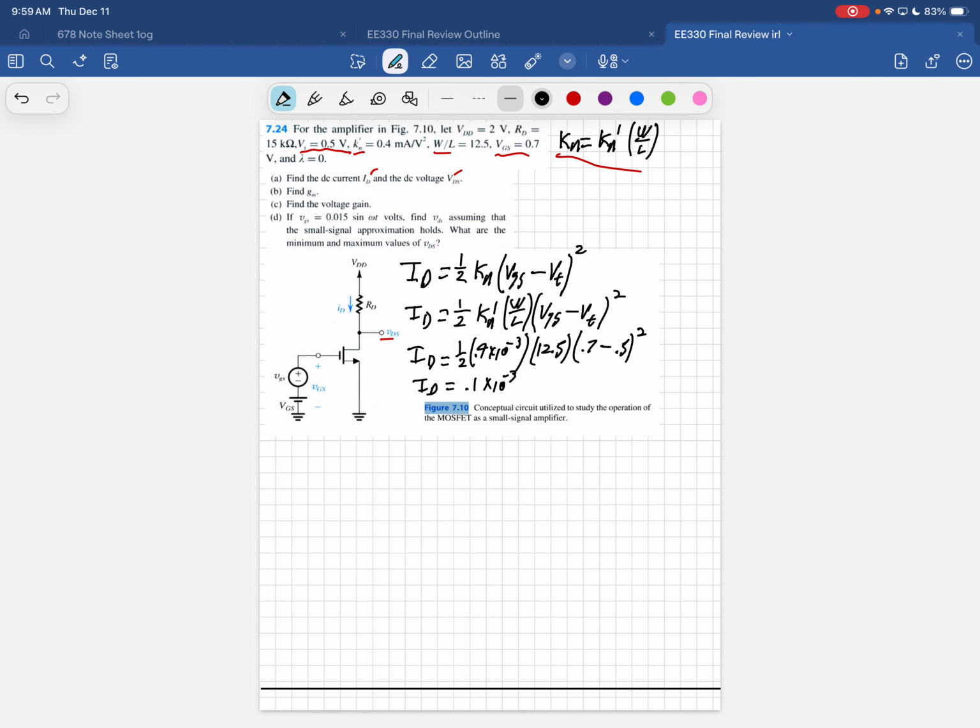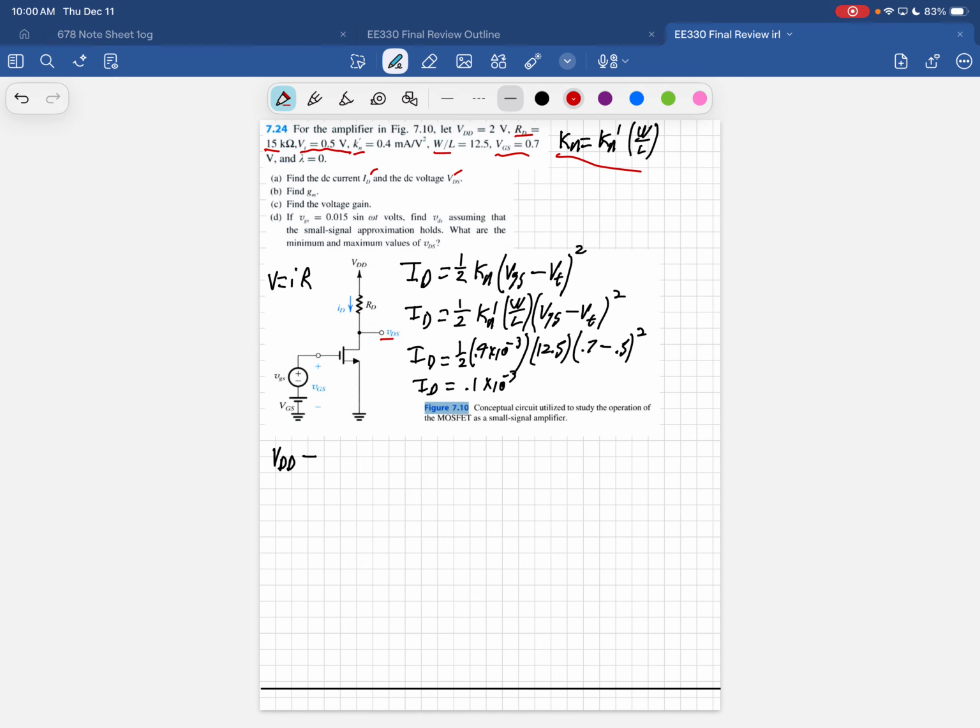So the way we're going to get that is we're going to take VDD, and we're going to subtract the voltage drop across RD. We know that V equals IR, right? So to find the voltage drop across RD, we just need to know ID, which we just solved for here, and we need to know R. Thankfully, they just give us R up here, 15 kilo ohms.